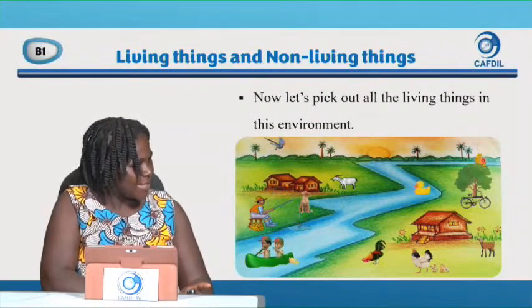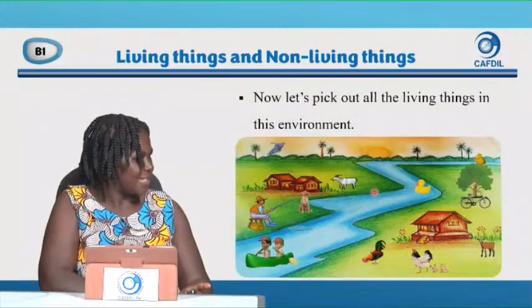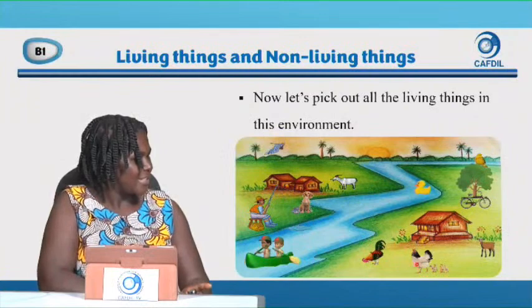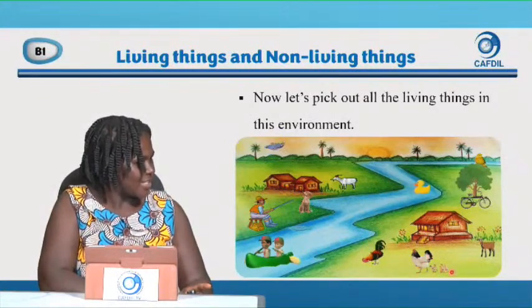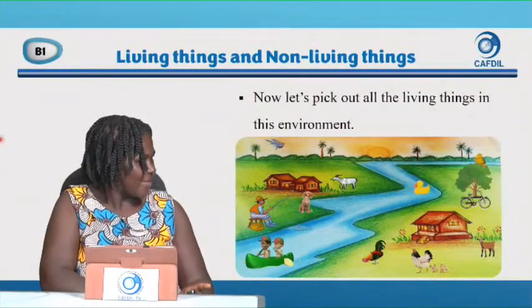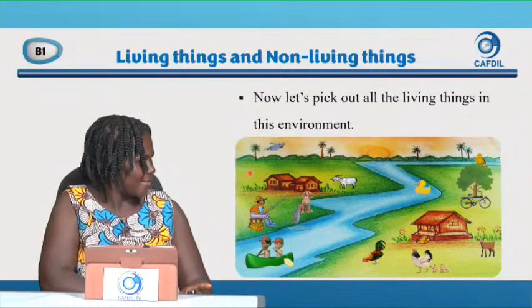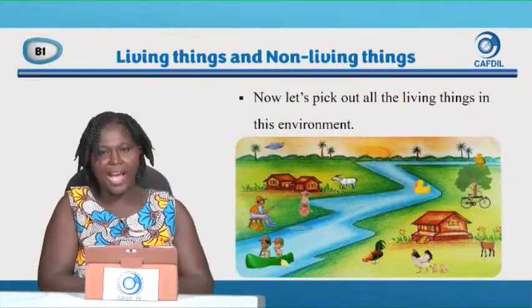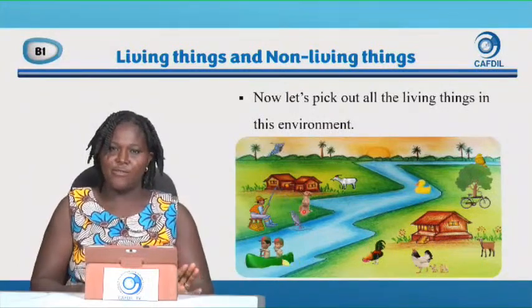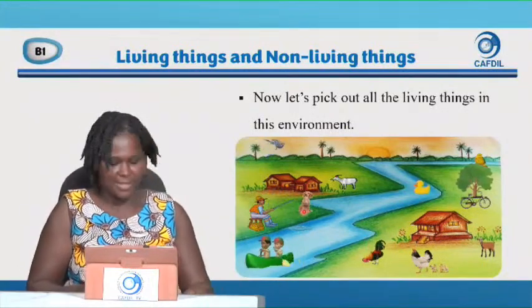We have a bird on a tree. We have a duck, a cock, hen and chicks, and then cow. We have flowers and weeds. So these are the living things we can pick from this environment.